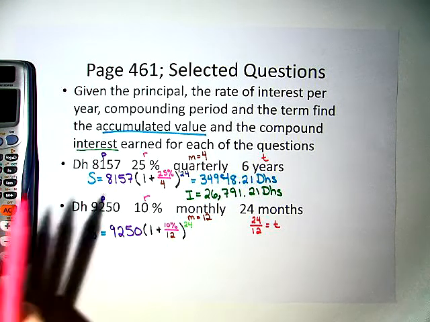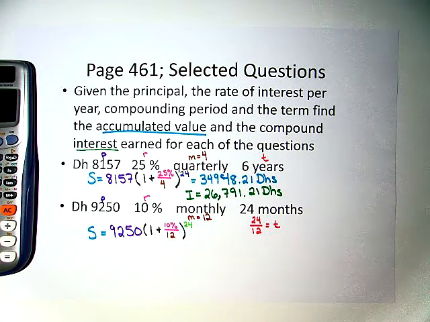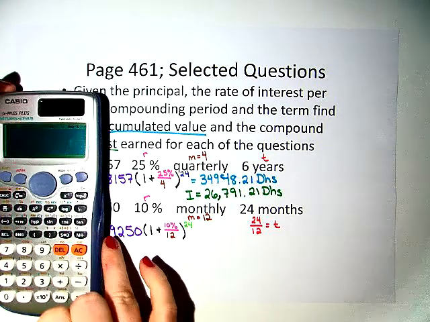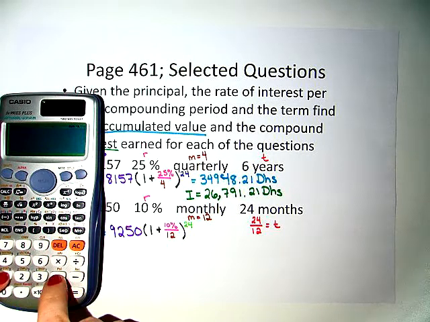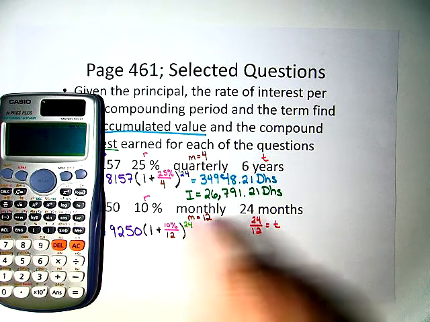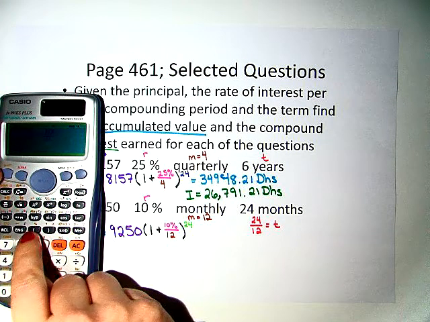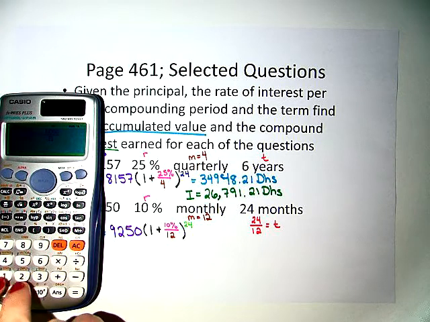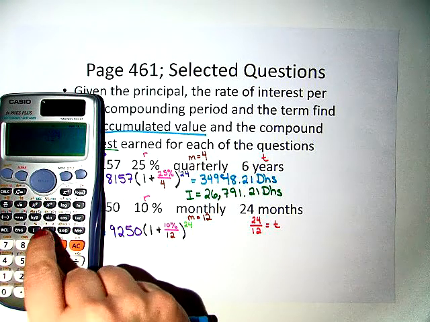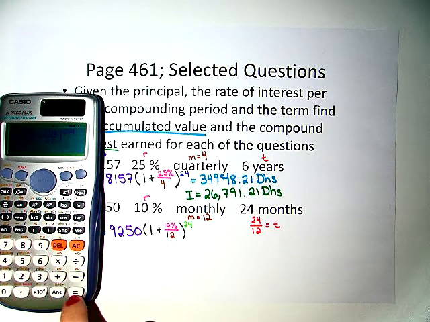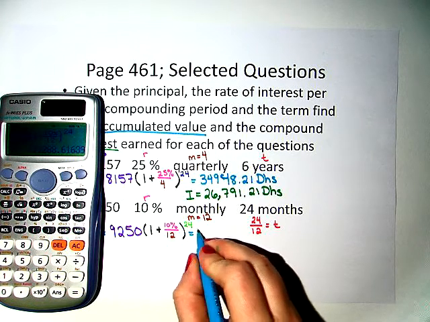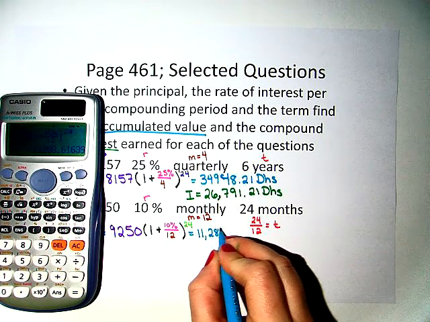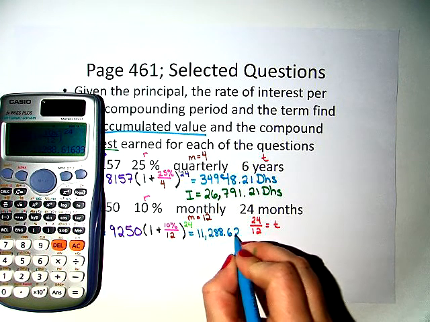So we're going to put this in the calculator to find what our S is. 9250, open parentheses, 1 plus fraction, 10% divided by 12, raised to the 24th power, gives me a final value of 11,288.62.